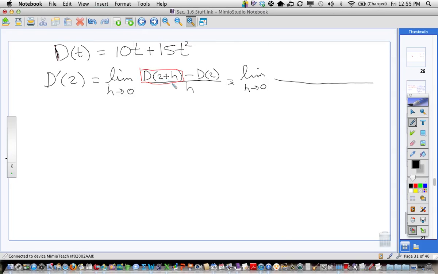What's d of 2 plus h? And I refer you to the board over there where we did f of 7 plus h. Tell me what to write. 10 times the quantity 2 plus h plus 15 times the quantity 2 plus h, and I forgot a squared on that one.